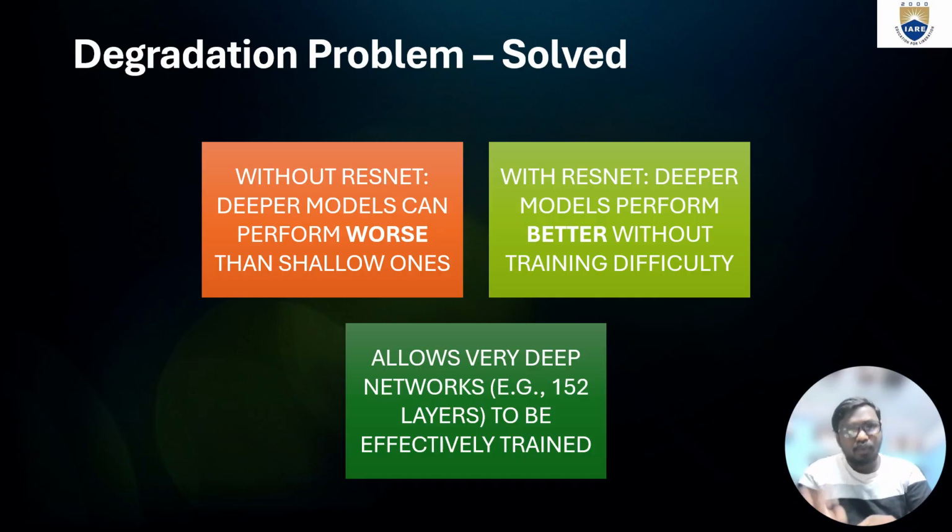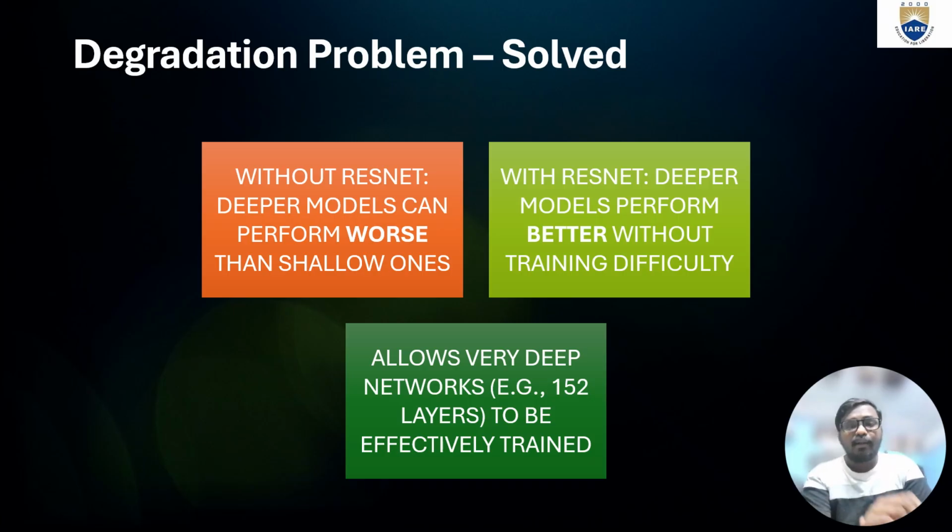Degradation problem solved. Without ResNet, deeper models can perform worse than shallow ones. With ResNet, deeper models perform better without training difficulty. It allows very deep networks, for example 152 layers, to be effectively trained.